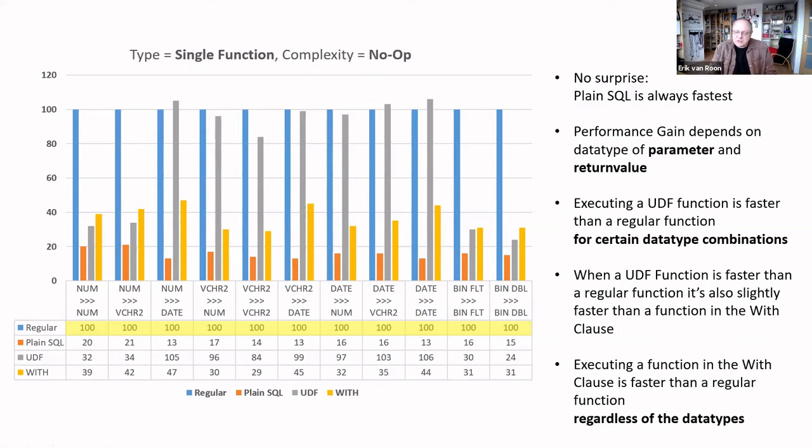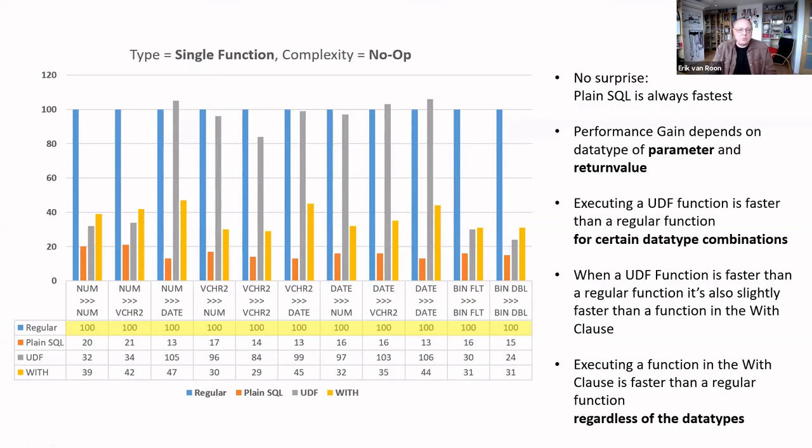And execution in the with clause is always faster. It doesn't depend on the data types. And that's quite nice, I think. It's like I said before we went into the test results. It's a lot easier to predict your performance gain when you use the with clause than when you use a UDF function.